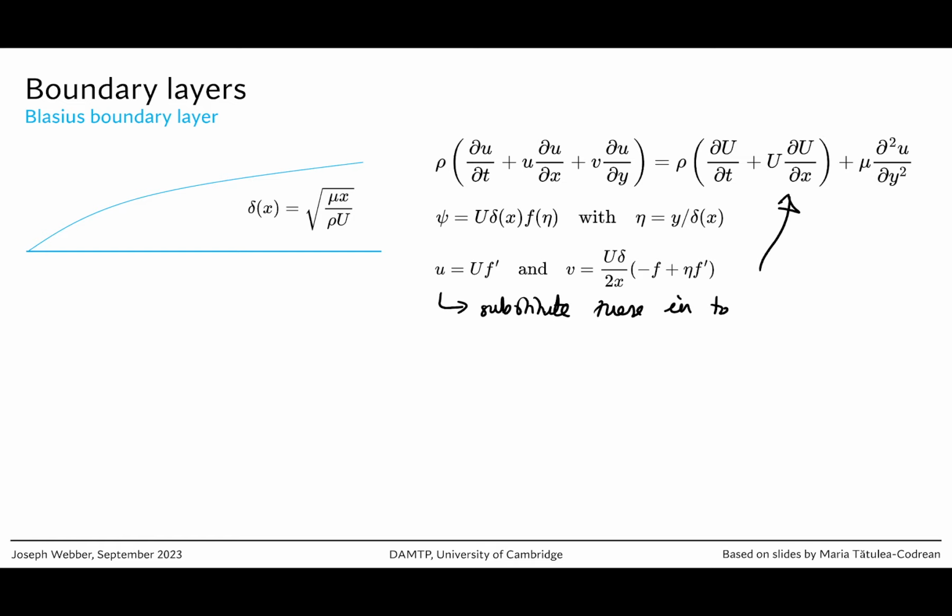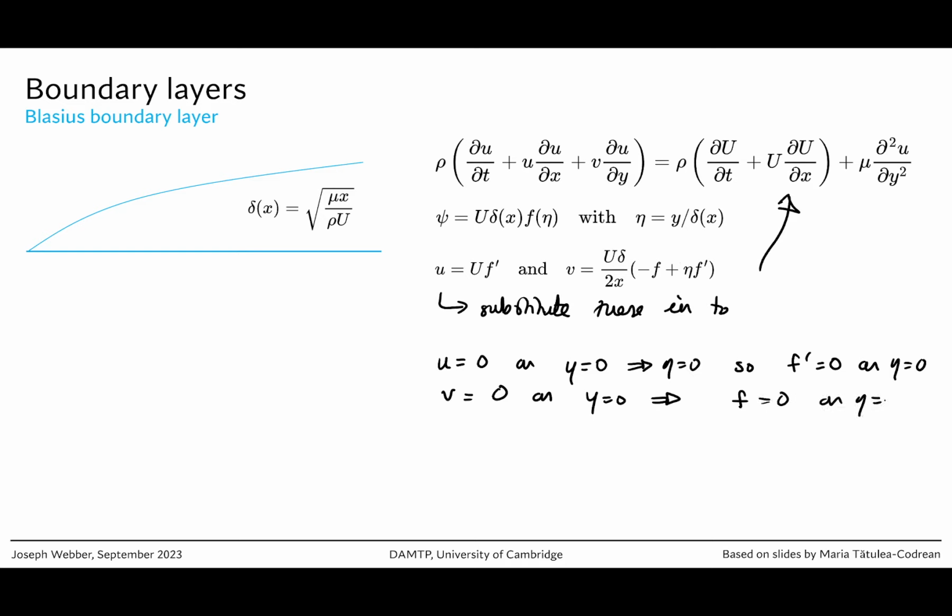Let's have a little think about what the boundary conditions need to be. Well, we know that u equals 0 on y equals 0, and this transforms to eta equals 0, so f prime equals 0 on eta equals 0. We also know that v equals 0 on y equals 0, so that implies that f equals 0 when eta equals 0.